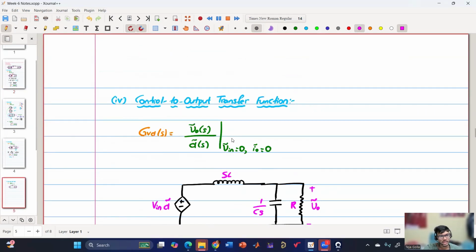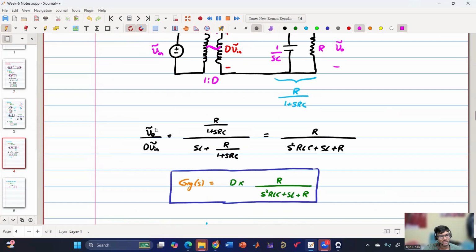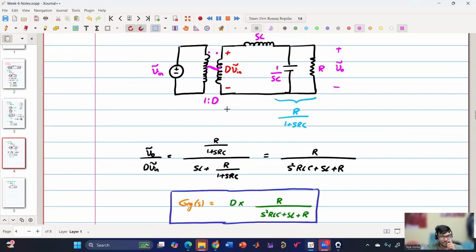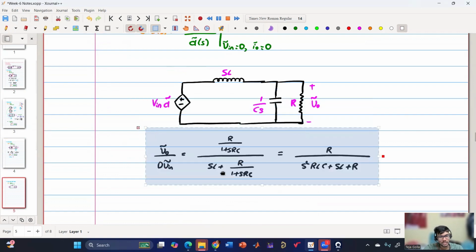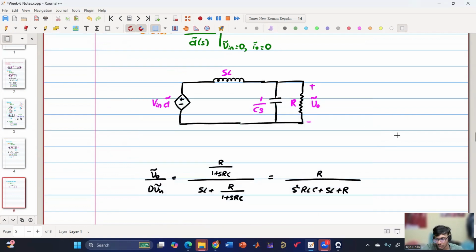So if you see, basically here we have this expression. Both are the same, right? Here the input is D V in, there it is V in into D. So I'll just copy paste this because everything remains the same. So basically this is R by 1 plus sRC, and then this will vary.